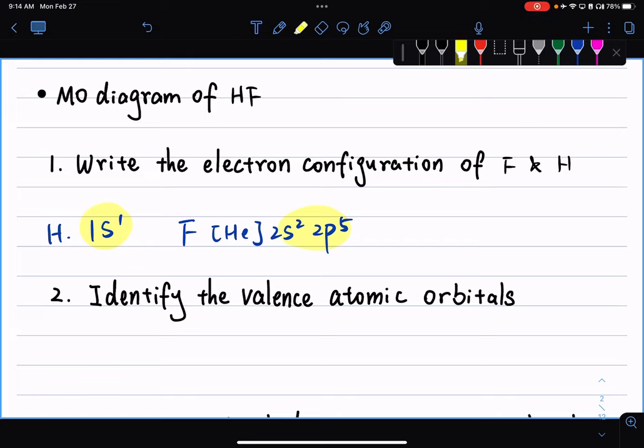But we can calculate the energy for our 2s here. So for 2s, E equals negative Z effective squared over n squared. For 2s, what we have is Z effective equals 9 minus 2.